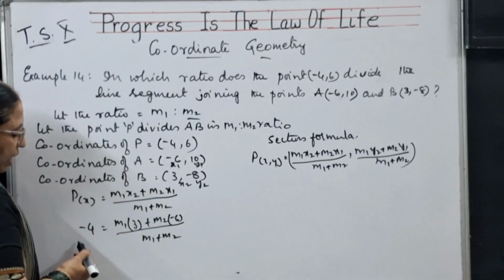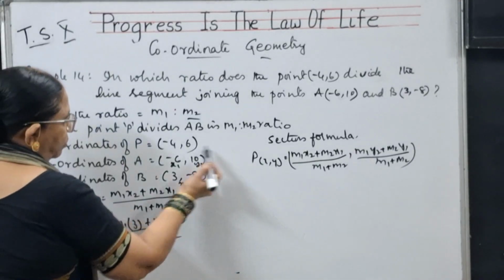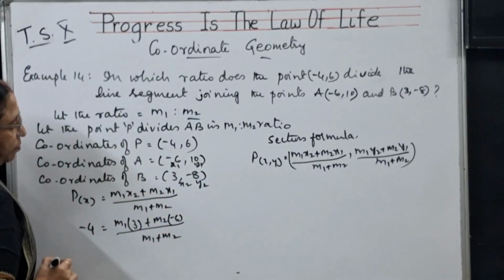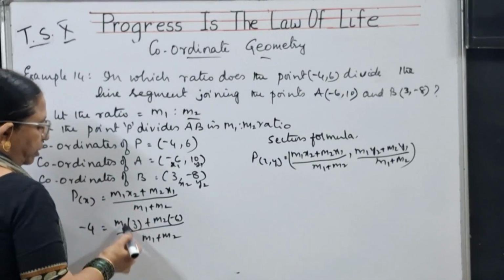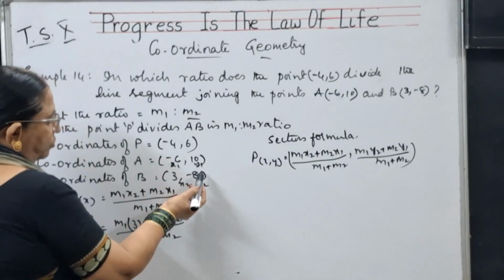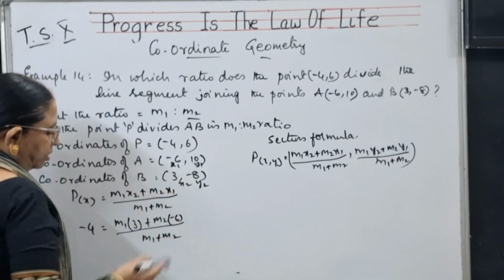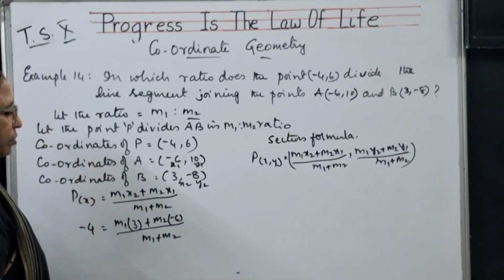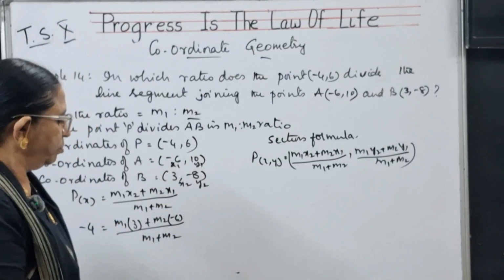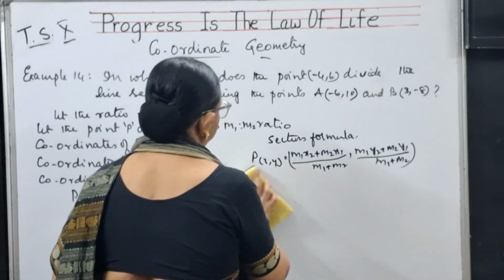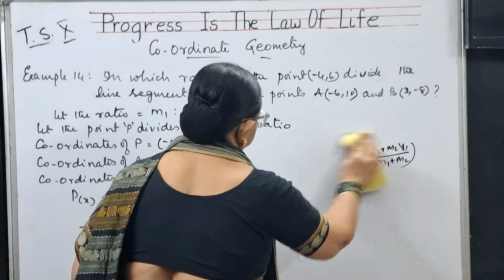They have given minus 4, is equal to m1, we don't know, x2 is here 3, plus m2, we don't know, x1 is minus 6, by m1 plus m2. So this section formula, please remember, children. I'll continue my problem now.